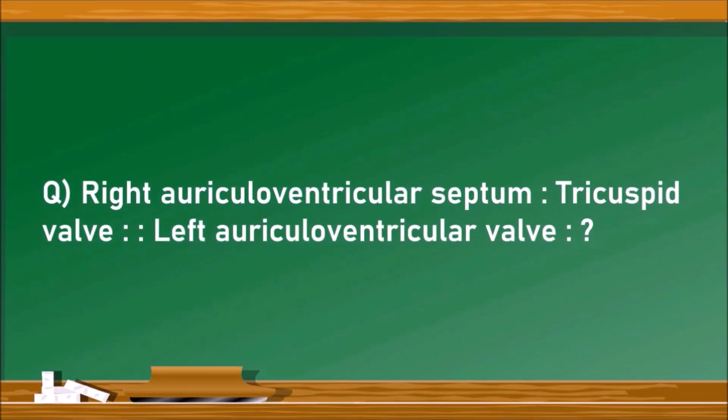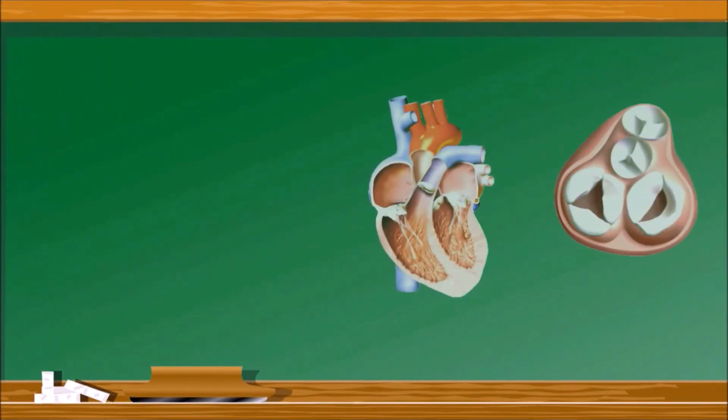Right auriculoventricular septum is to tricuspid valve, whereas left auriculoventricular septum is to dash. In the heart, there are 4 chambers. These are atria or auricles, these are ventricles. This is the septum between right atrium and right ventricle, whereas this is the septum between left auricle and left ventricle.